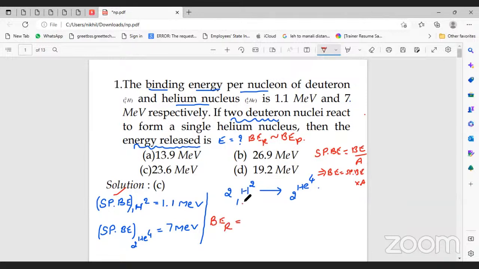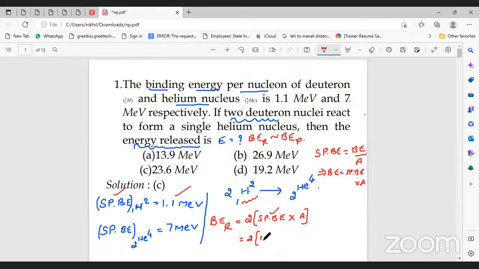Now, can you calculate the binding energy of the reactant? Binding energy of the reactant means 2 times deuterium is there. So 2 times the specific binding energy of deuterium into mass number. What is the specific binding energy of deuterium?